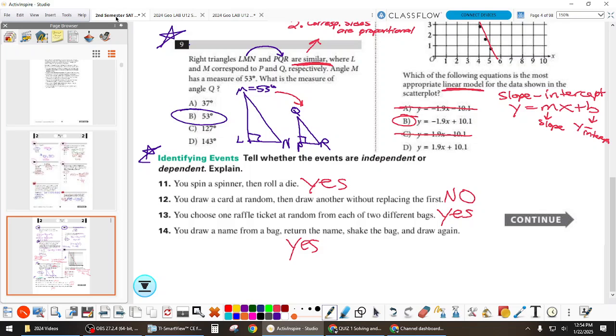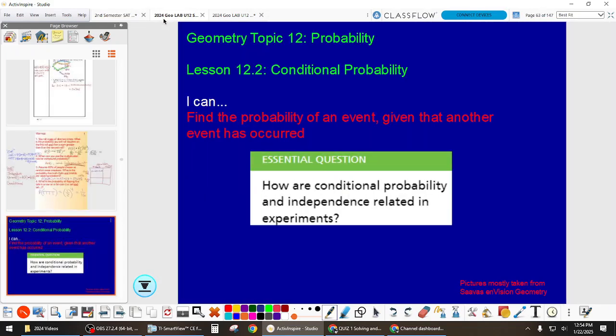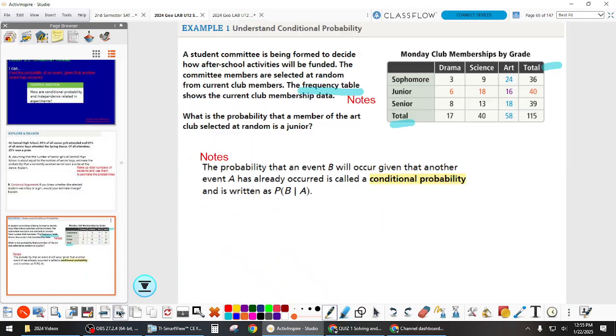All right, well, with that said, let's start with the non-independent conditional probability. We looked at this very briefly yesterday with this table. Does anybody remember the name?